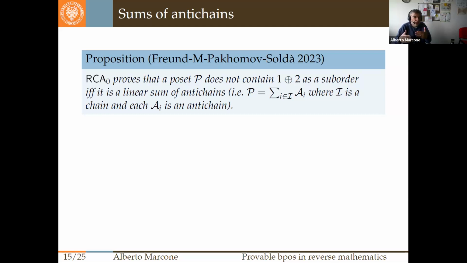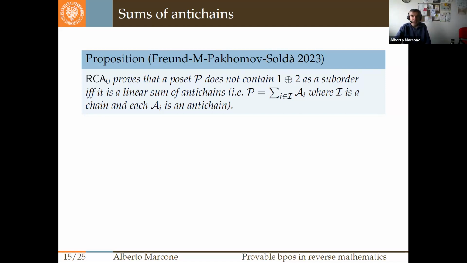Then, by just doing a little bit of analysis, you realize that this is going to be a linear sum of anti-chains. So you have several anti-chains, each anti-chain is below the other ones, just a linear order of anti-chains. As it's written, it's a linear sum, according to some index set I, of anti-chains of maybe different sizes, one on top of another.